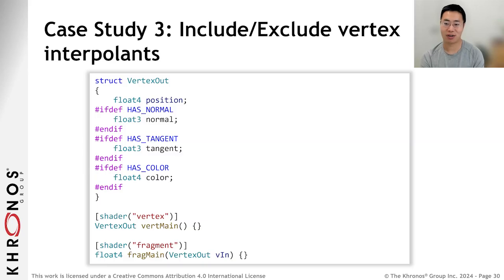So we want our shader code to define only the vertex outputs that are actually in use. This is normally achieved by defining things like has normal, has tangent, and has color macros that guard the definition of the corresponding struct fields. And if I do not define has normal, my vertex out type will not have that normal field.